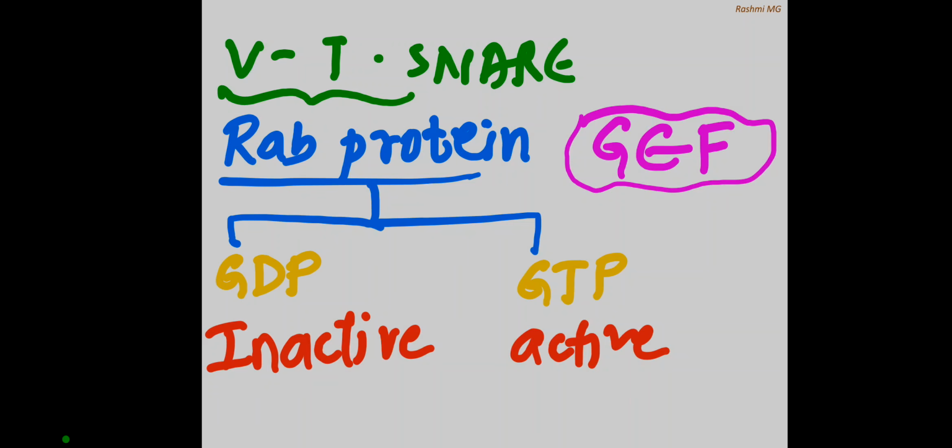When the membrane bound GEF activates the Rab protein by giving out guanine, making it GTP, it becomes active. So the activated Rab protein binds with the Rab effector. Consider now, Rab protein is inactive.